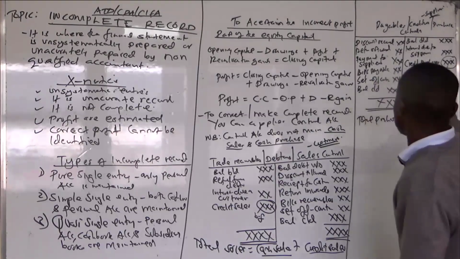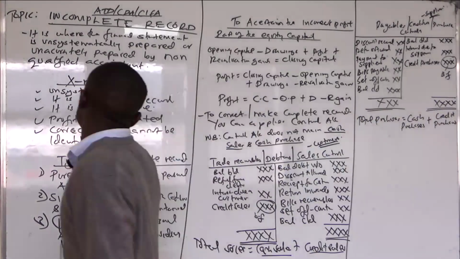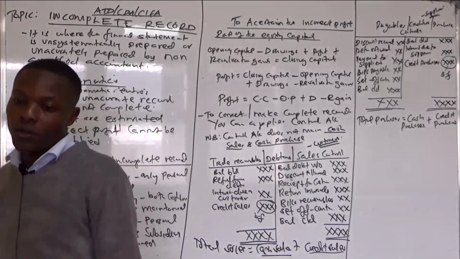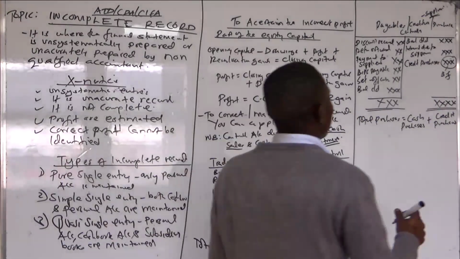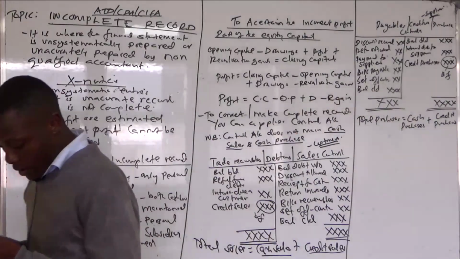After adjustment and correcting what this unqualified accountant did not do, that is when you finish about it.